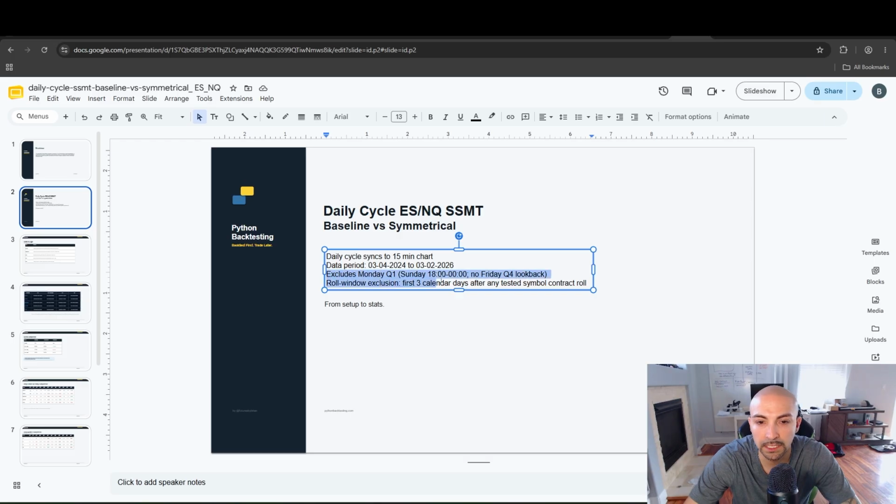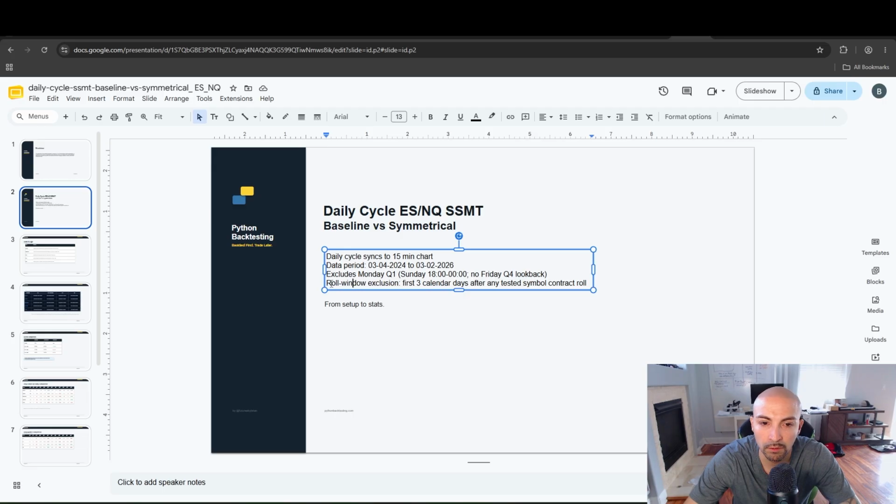We are excluding quarter one, which is the opening quarter on Sunday for futures. I wasn't sure if I should have it look back to Friday Q4 or not, so I just excluded it from the data.